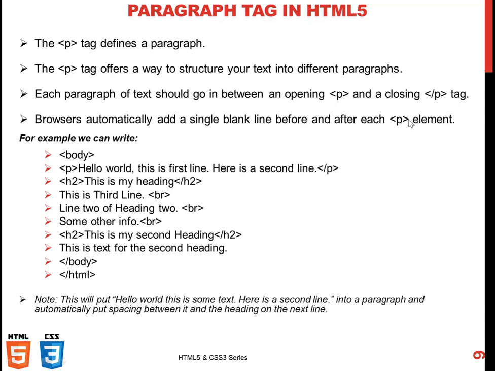So it is saying the same thing we talked about before: a paragraph element will automatically add a space before and after the paragraph. So let's work on this example practically, and then I will show you in the browser how it really works.